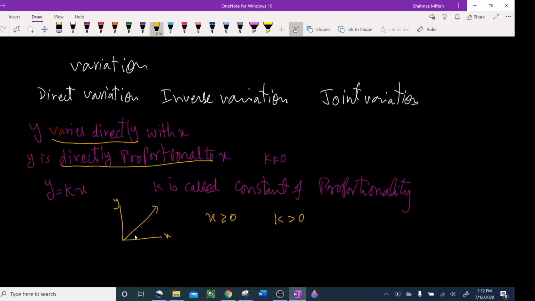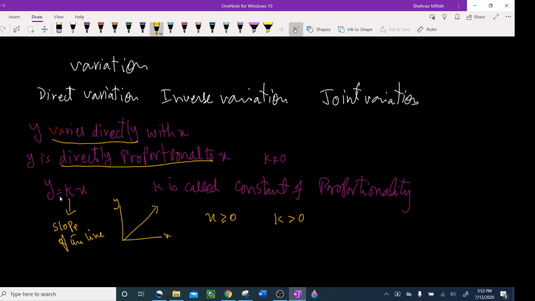Note here that the constant of proportionality is in fact the slope of the line. If you remember, you did this in 8th grade, y equals mx plus b, which is slope-intercept form, and that m is the slope. So this one looks like y equals mx. That's why the k is the slope of the line.